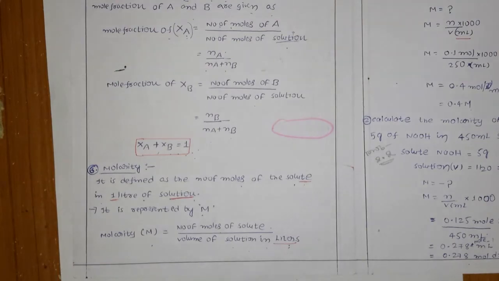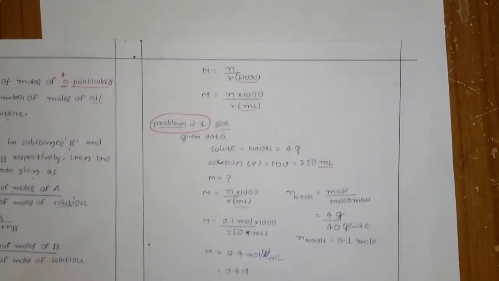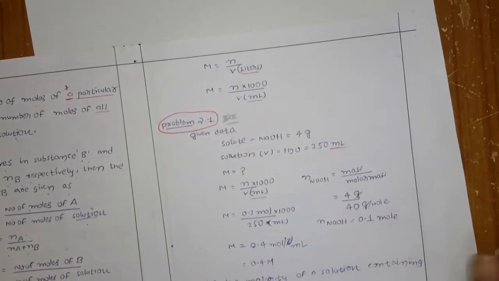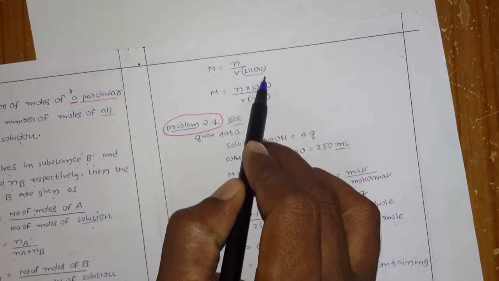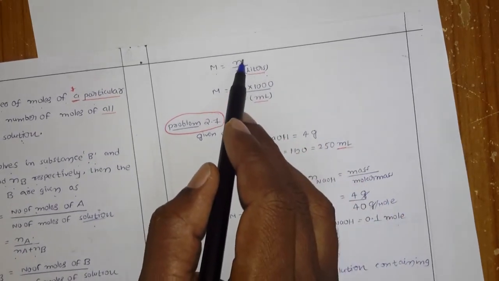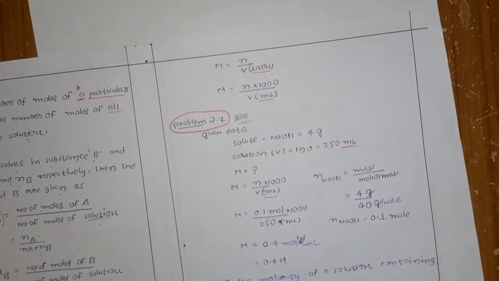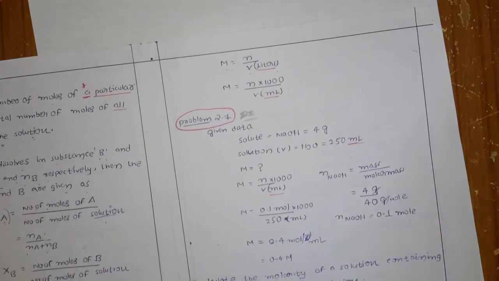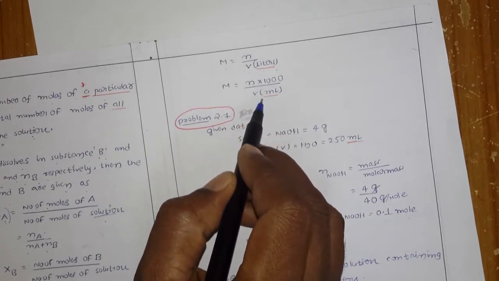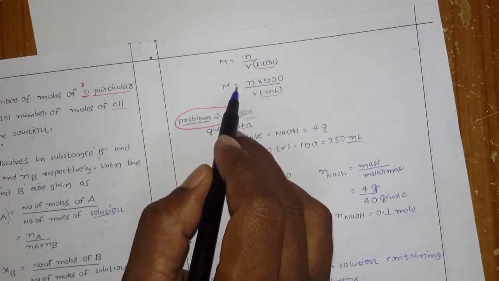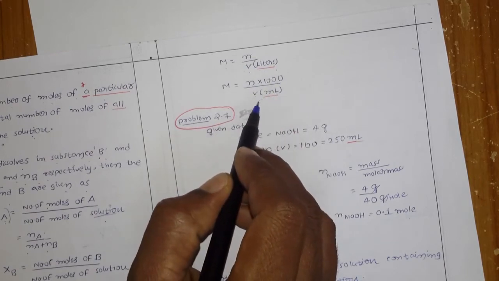You can also write it like this: M is equal to N by V in liters, where N is the number of moles of solute. Or if we want to express the volume in ml instead of liters, we write M is equal to N into 1000 divided by V in ml.